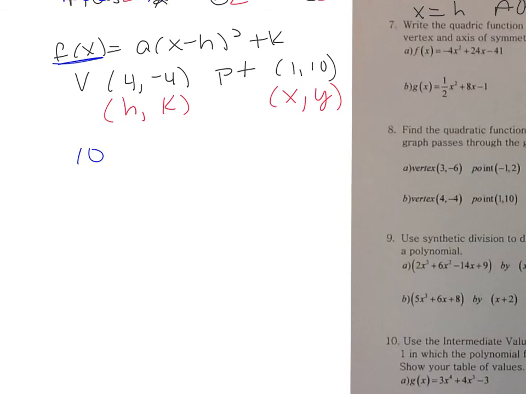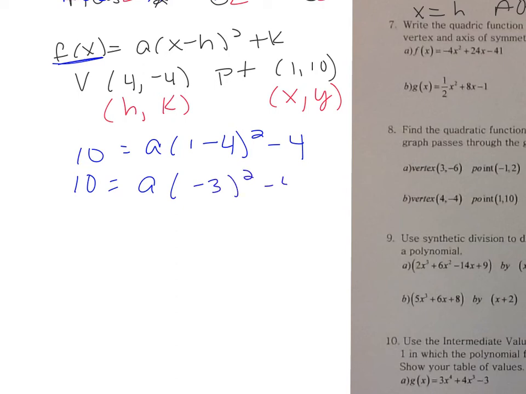So I have 10 equals a times (x, which is 1, minus h, which is 4) squared, minus 4, which is k. So it's 10 equals a times negative 3 squared minus 4. Negative 3 squared is 9, so 10 is equal to 9a minus 4.